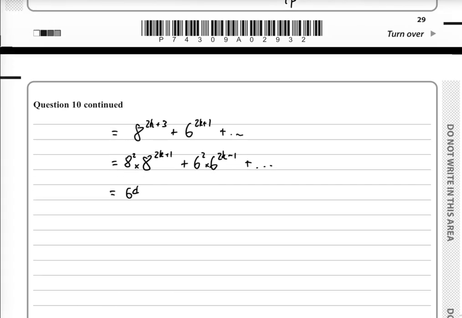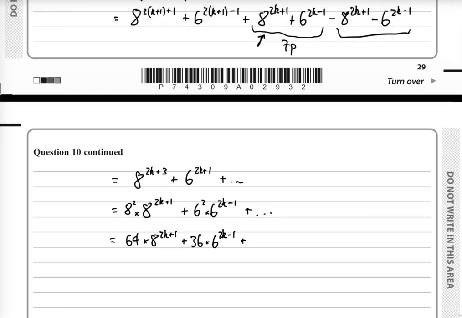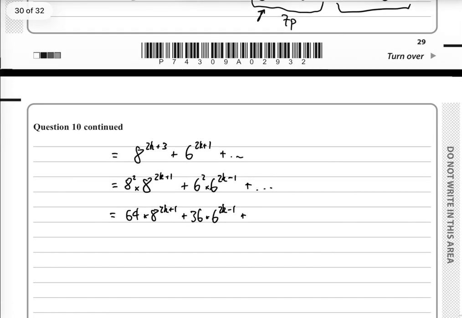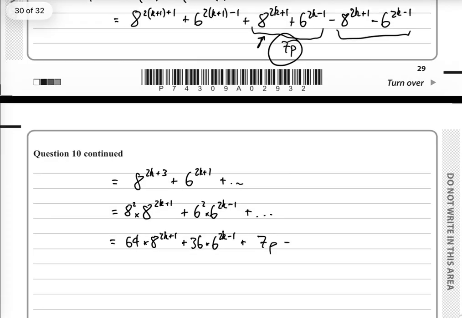That gives me 64 lots of 8 to the 2k plus 1, plus 36 lots of 6 to the 2k minus 1, plus what am I going to do? 63 and 35 will divide by 7, so I'm going to subtract, so that's useful. I'm going to have the 7p there for the addition ones like I've put here, and minus 1 lot of 8 to the 2k plus 1, minus 1 lot of 6 to the 2k minus 1.